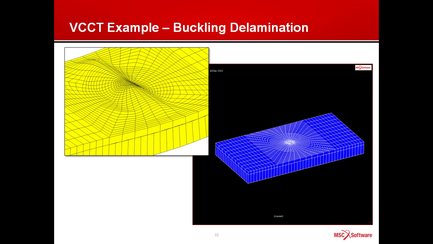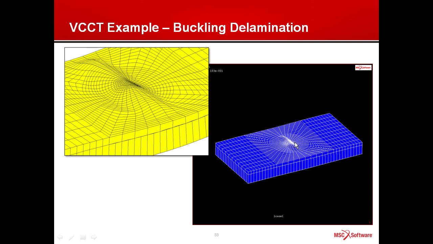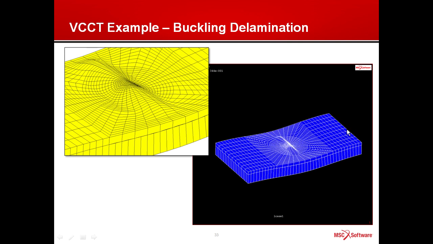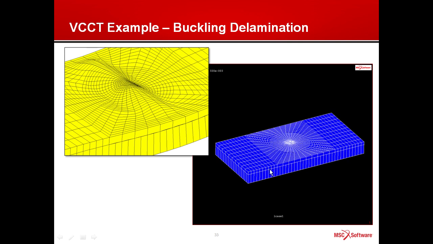So the animation on the right shows you that penny-shaped flaw is growing laterally, and as that's happening, the overall skin panel is also buckling. So this is a nonlinear problem capturing not only the delamination but also buckling at the same time.